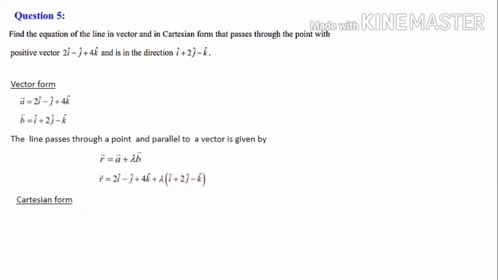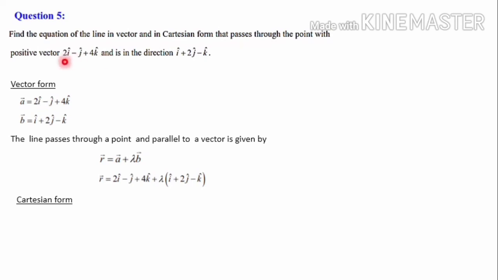Next is the Cartesian form. For writing the Cartesian form, just recall the formula in your mind. That is, Cartesian form is (x minus x1) by a equal to (y minus y1) by b equal to (z minus z1) by c. Here we need x1, y1, z1, that is the passing through point.